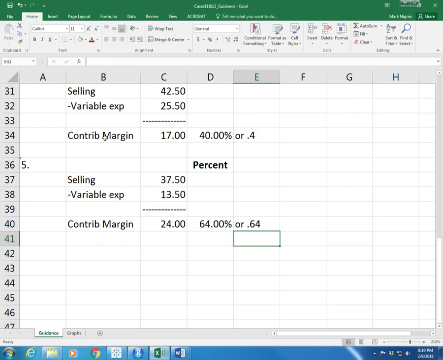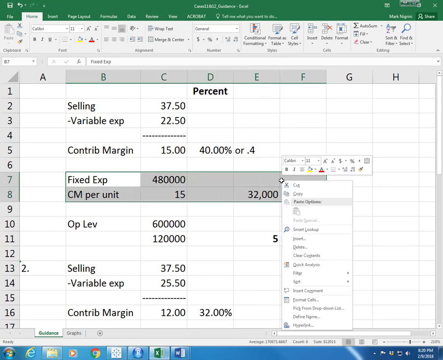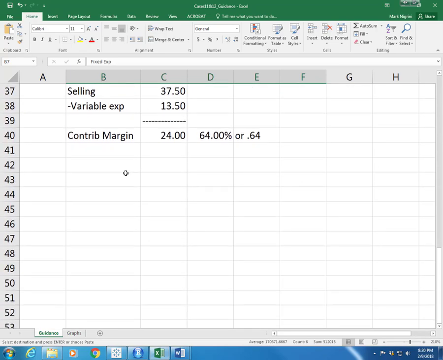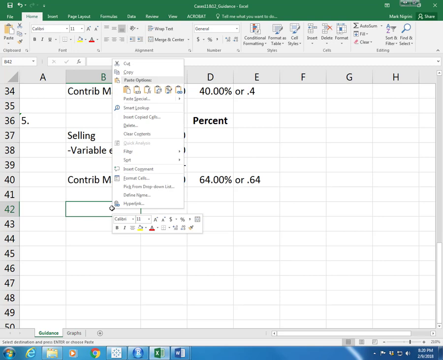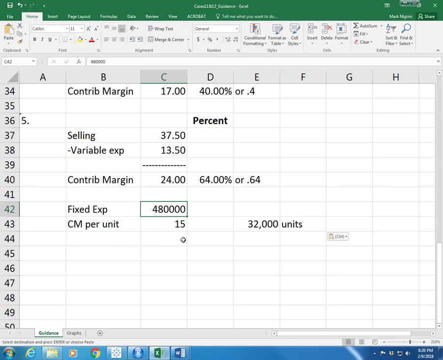We wanted the new break-even point. So I'm going to go here. Get a new break-even point. Sorry, don't mean to make you dizzy. Okay. What's going to happen to fixed expenses? Fixed expenses will increase by 90%. So if it does that, the new fixed expenses would be the old times 1.9. That's how you increase by 90%.